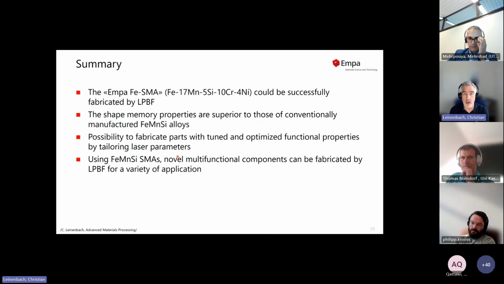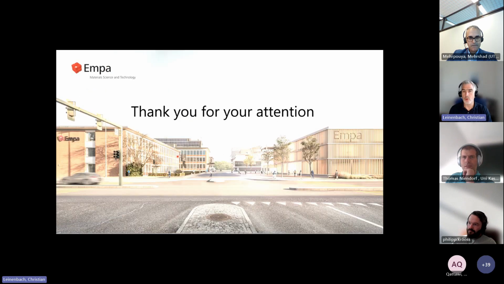So that was a really interesting observation, by tailoring the laser parameters, by rescanning. And I think this now offers new possibilities for designing multifunctional components that can be fabricated by LPBF for a variety of applications.